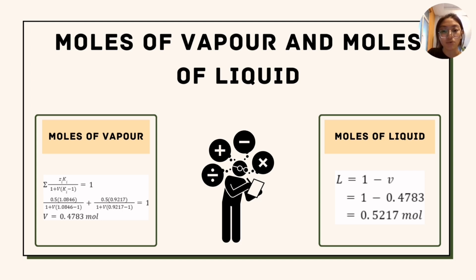Next, to find the moles of liquid, we will use the formula L equals 1 minus V. By substituting the value of V, we get L equals 0.5217 mole. So in summary, the moles of vapor in the system are 0.4783 mole and the moles of liquid are 0.5217 mole.